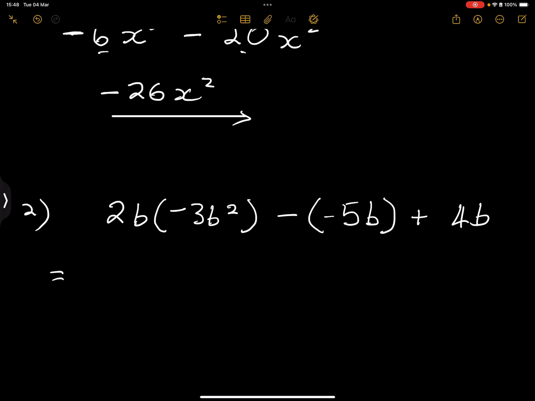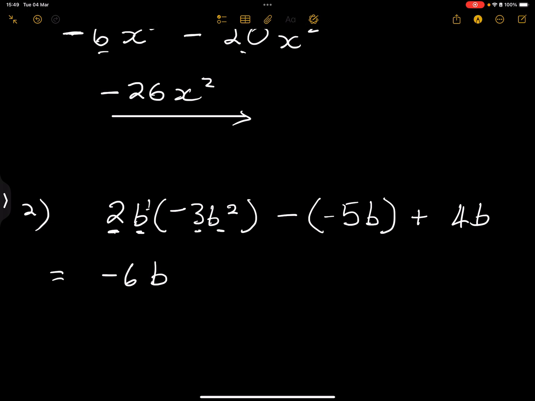So we said our integers multiply. So 2 times negative 3, a positive times a negative, gives me a negative. So that will be negative, 2 times 3 gives me 6. Now note this, we've got b and b squared. Remember, we said the exponents add. We are multiplying the same bases, so the exponents add.